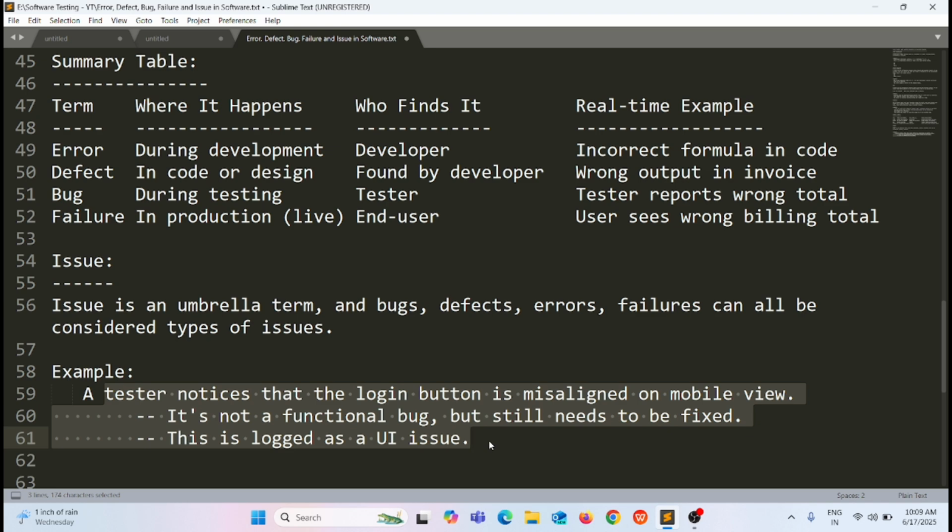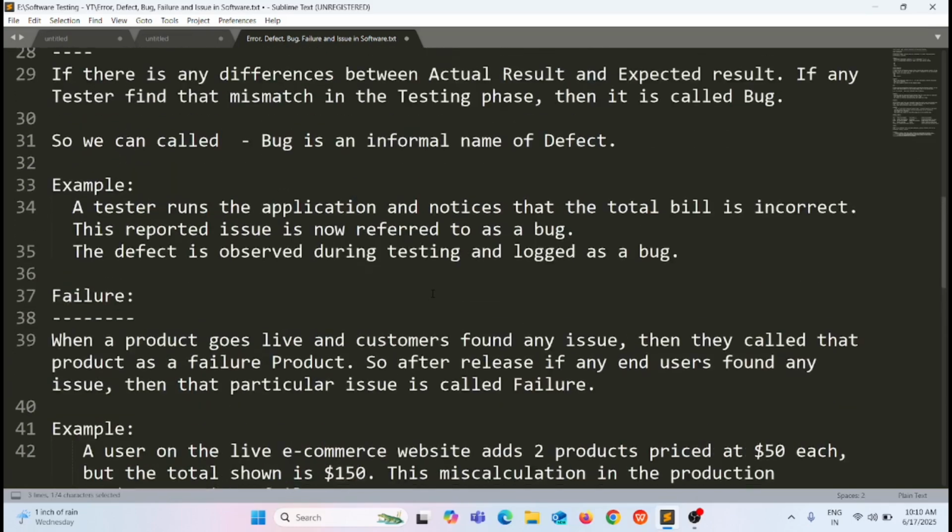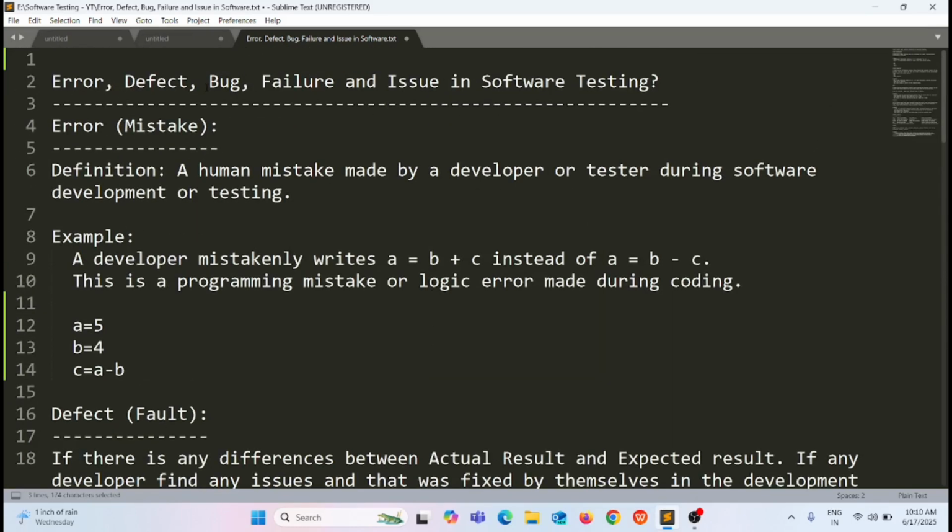As a tester, you can mark it as a bug. I think you are very clear about the difference between error, defect, bug, failure, and issue.